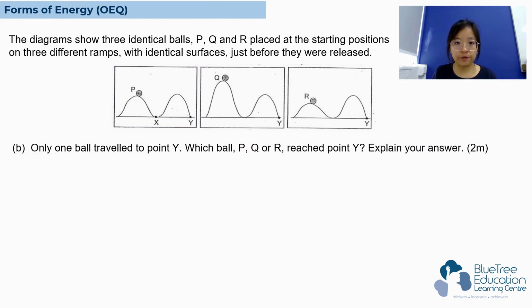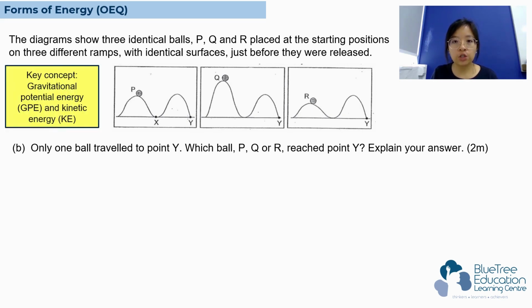Continuing from the previous part, okay, so there are 3 identical balls on 3 different ramps, and part B of the question asked, only one ball traveled to point Y. Which ball, P, Q, or R, reached point Y? Explain your answer. Okay, similarly, this is testing us on gravitational potential energy and kinetic energy.